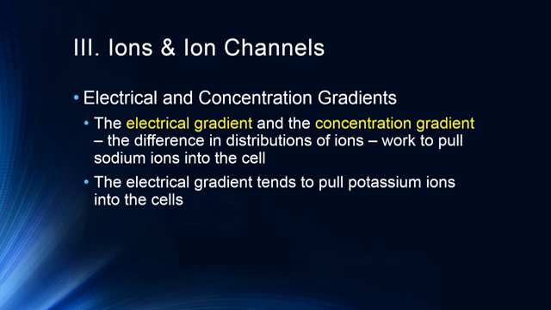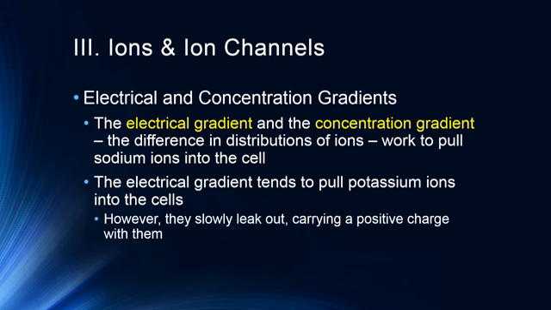So that electrical gradient tends to pull potassium ions into the cell while at rest. So there are 2 processes that keep the level of potassium ions high within the cell at rest, and that is the sodium-potassium pump and the electrical gradient. The concentration gradient is trying to pull them out.